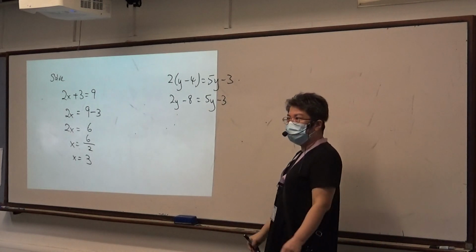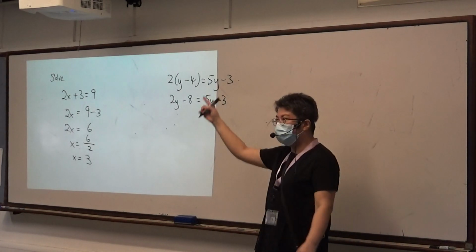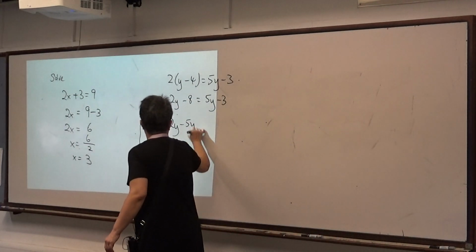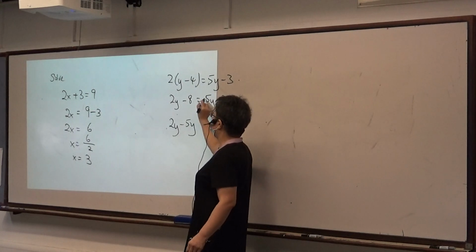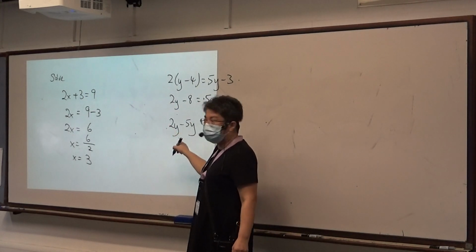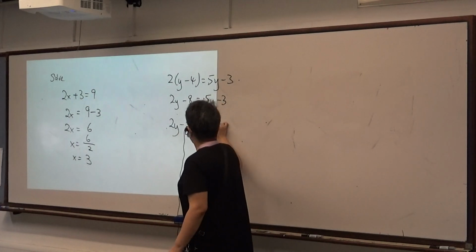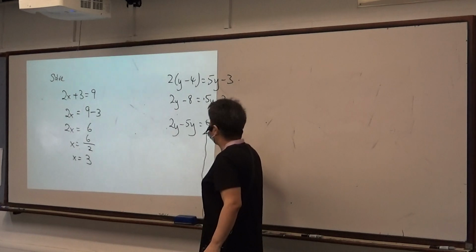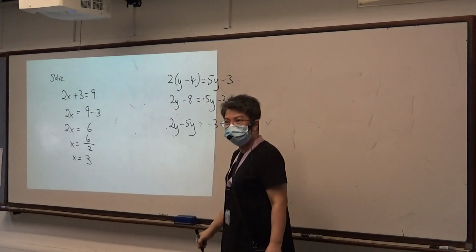Both sides also got y. What do? Remove all the y to one side. This one means 2y minus 5y, correct? Because this is a positive number, so move to the other side is minus, right? Equals to this side remain negative 3. What about 8? Come over become what? Positive, correct?